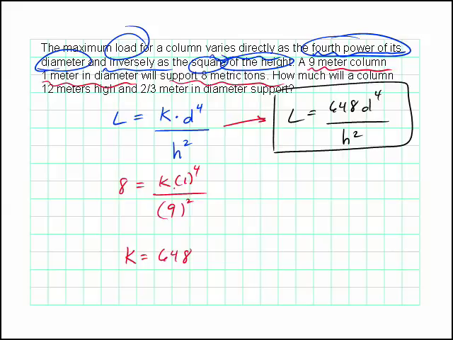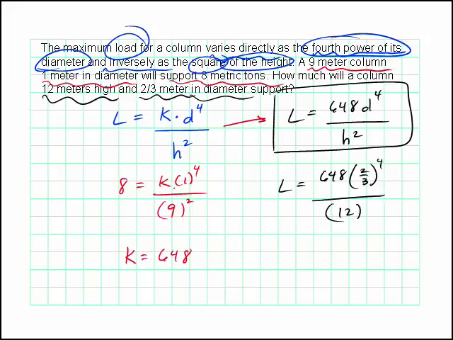Okay, let's answer the question. How much will a column 12 meters high and 2/3 of a meter in diameter support? So let's plug those numbers in. 648. The diameter is 2/3. You got to raise it to the 4th power over 12, and you got to square it. 648. 2/3 to the 4th power is 16 over 81.